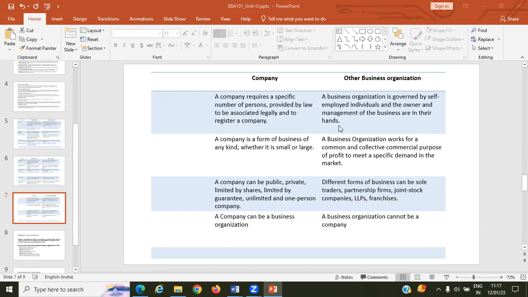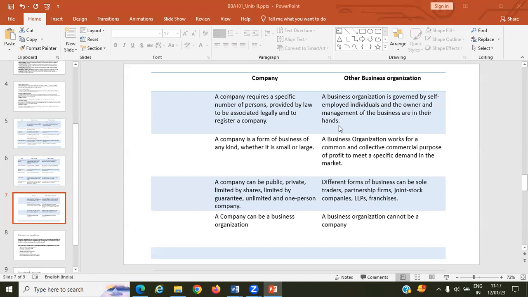If you take any company, it could be small or large, but they are following all the government rules and regulations. They are not like a business organization just doing the work for their objectives.